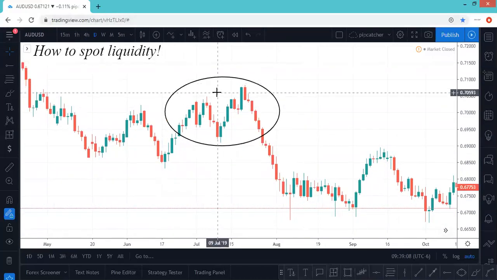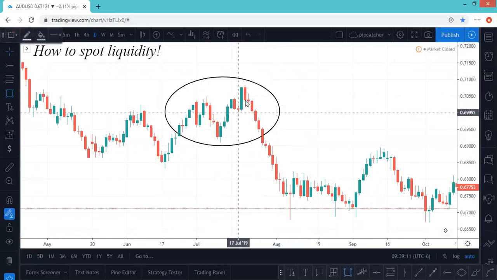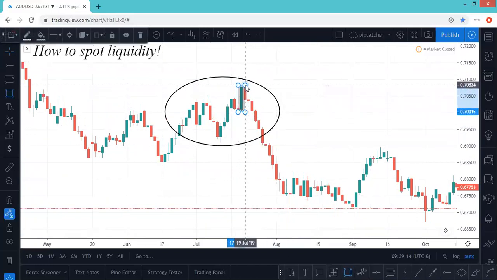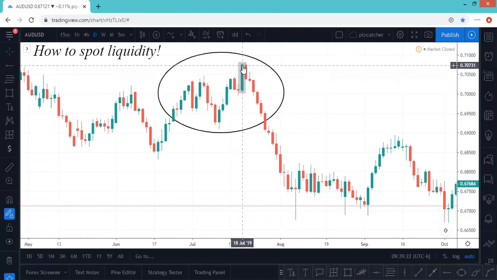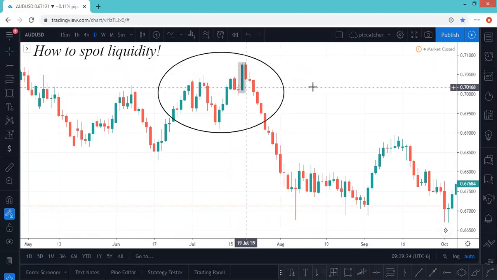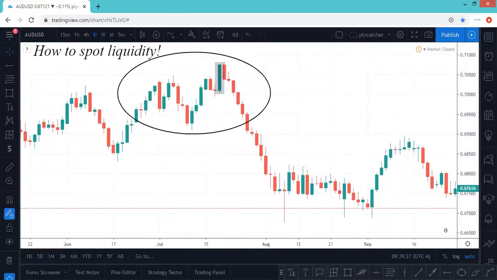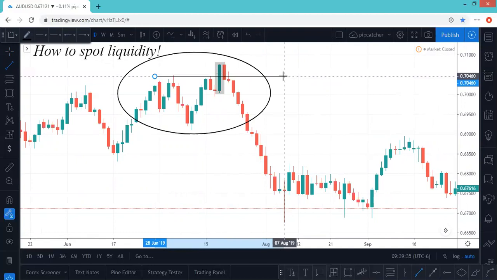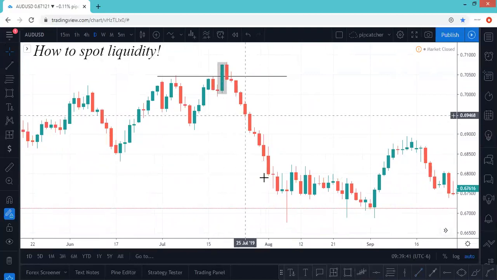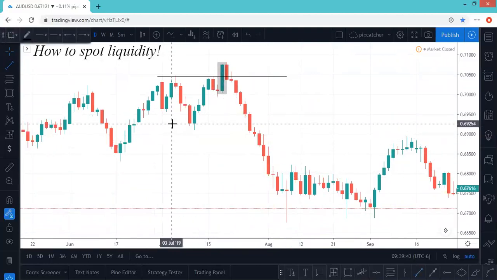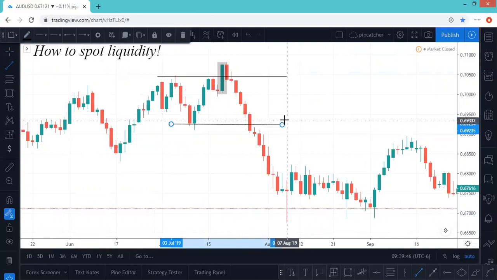So you can identify these candles as maybe a liquidity grab candle, a trap candle. If you think about it, there are breakout traders that buy or sell on breakouts of structure, right?